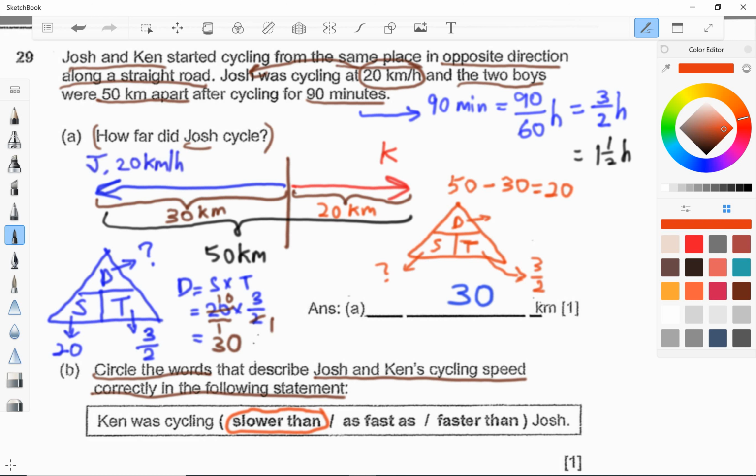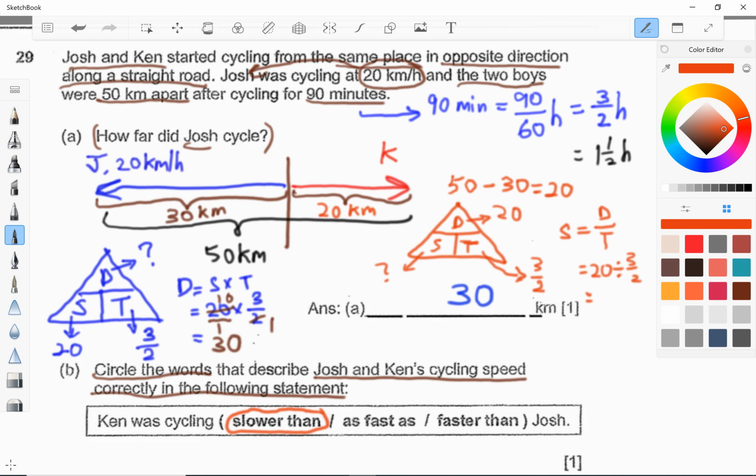And the distance covered by Ken is only 20. So how can we get the answer for speed? The formula for speed: just cover S within the diagram itself. So S equals D over T, which equals 20 divided by 3 over 2.